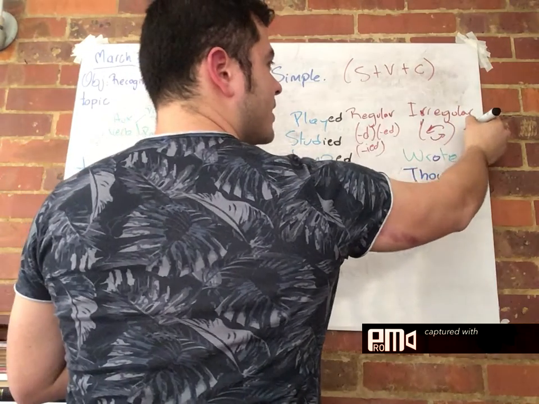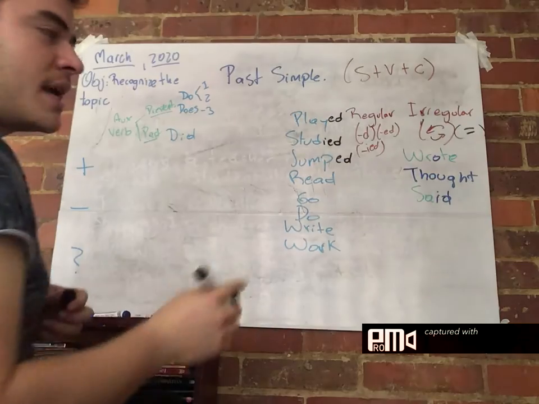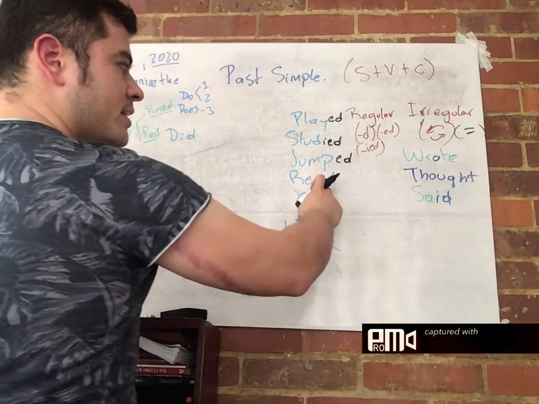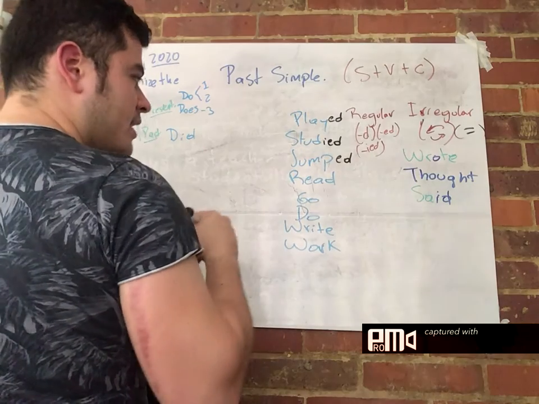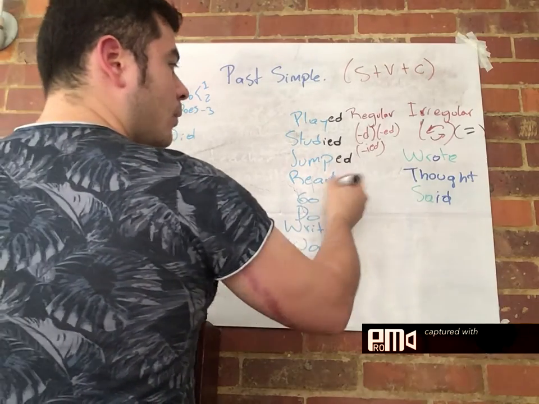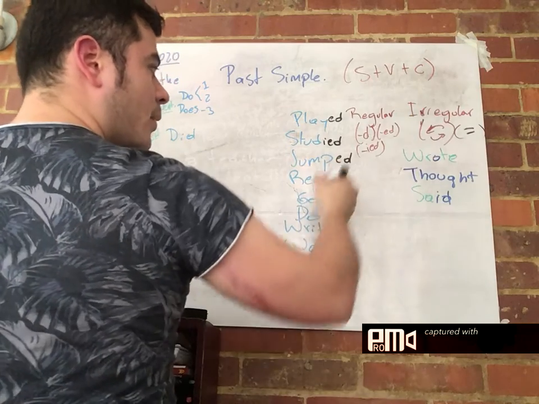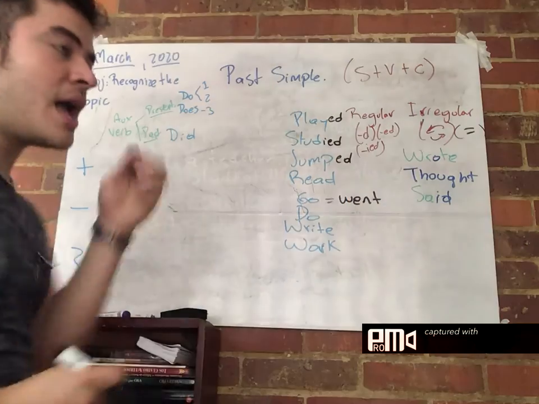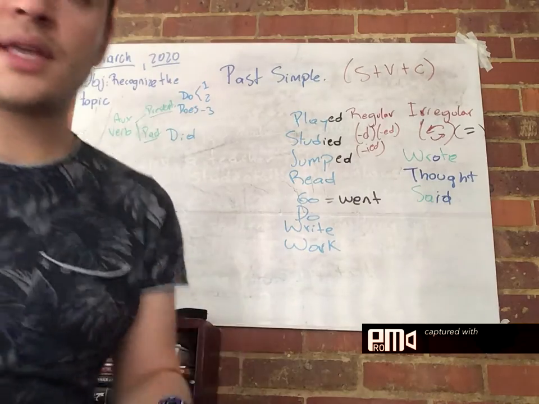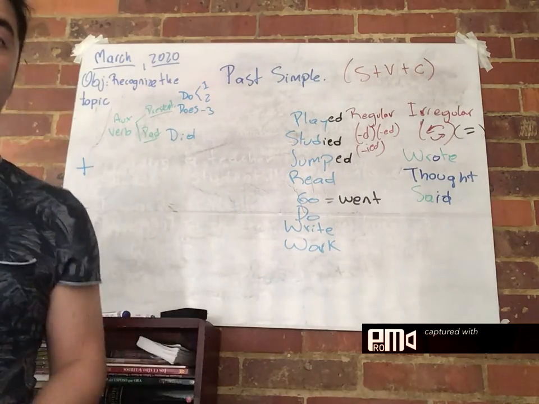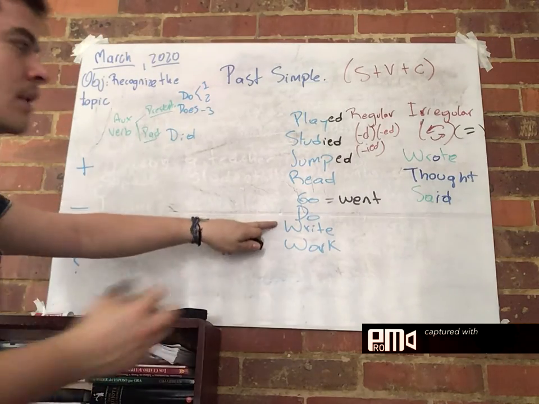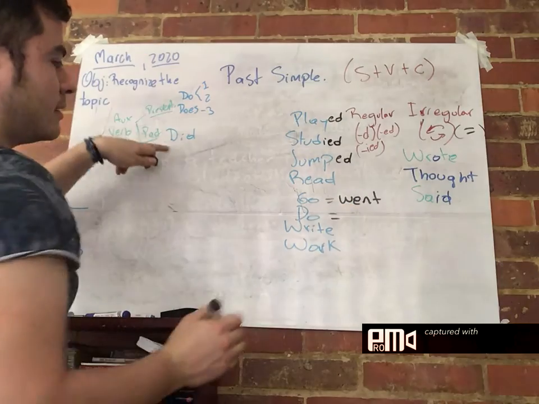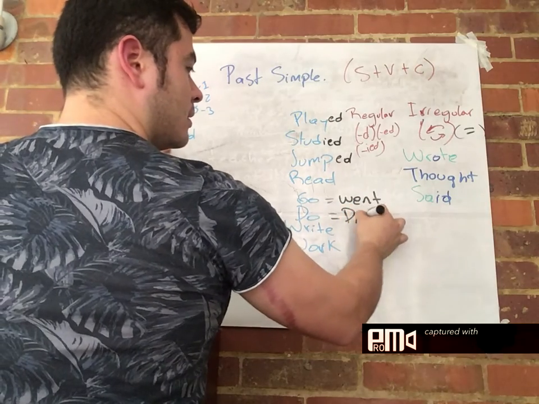Does it change or is it the same? Read is the same: read, past read, participle read. Go is irregular because it changed to went. I go to the park. In the past, yesterday I went to the park.